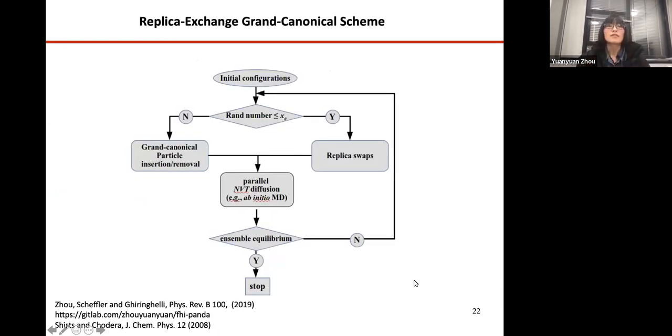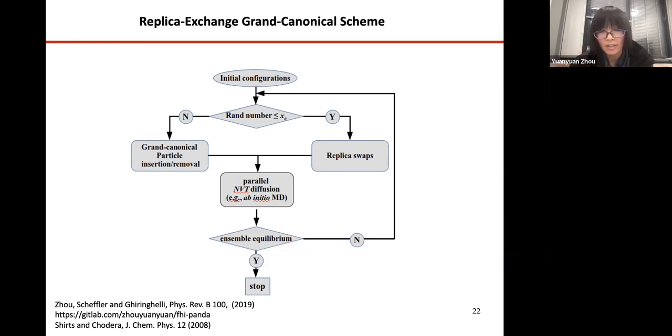Okay, this is a flow chart of the Replica-Exchange Grand-Canonical method. Before the simulation, what you need to prepare is the configurations. Either all the replicas share one configuration, or you prepare different configurations for different replicas, together with the temperature range and the chemical potential range you are interested in.